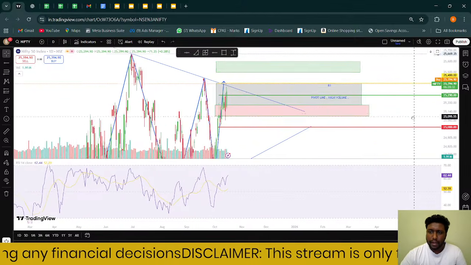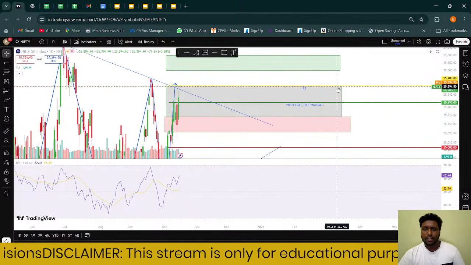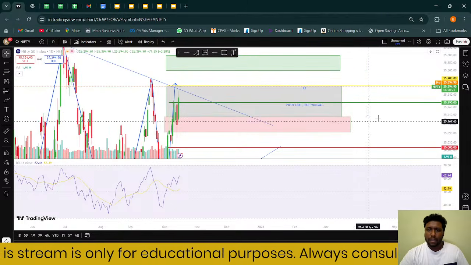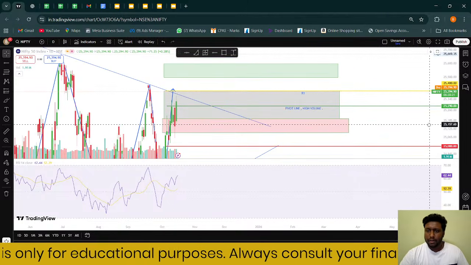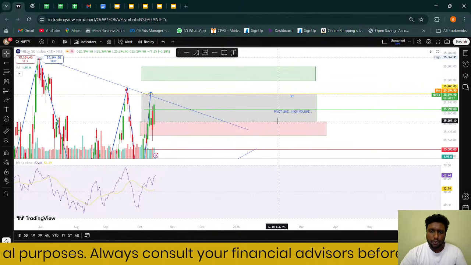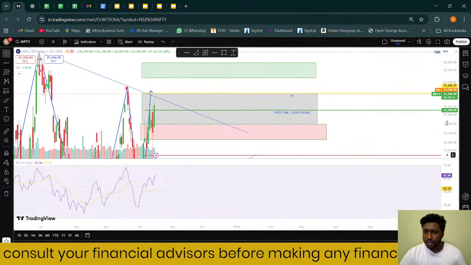As I said before, the validation levels will still be R1 and S1. Any movement beyond these two levels with a higher volume will give a proper validation to our direction in the market, and the pivot line with a higher volume. Why are we focusing majorly on volume?